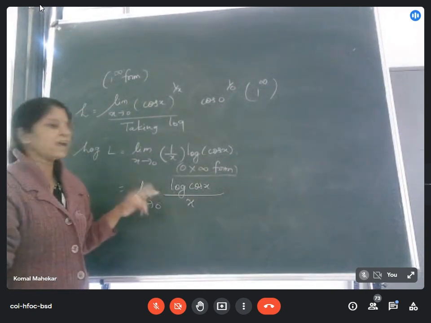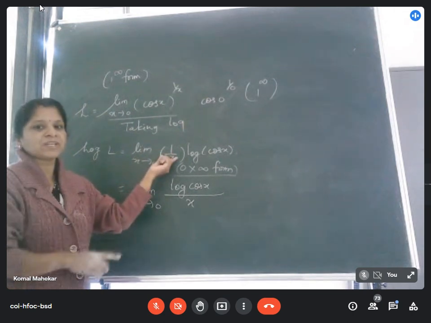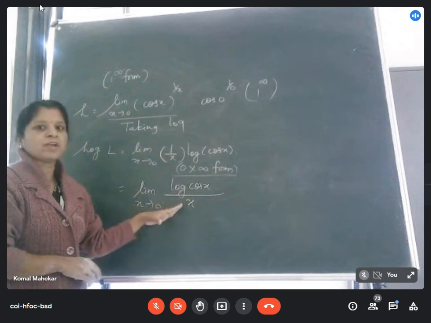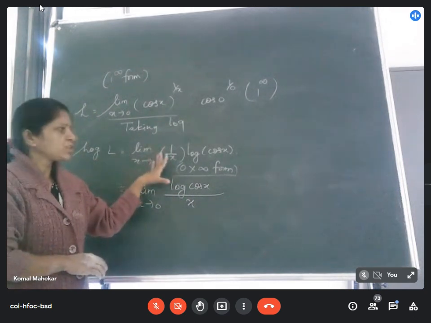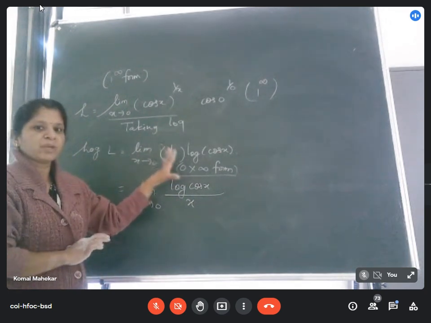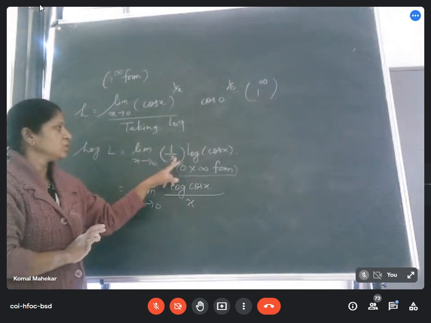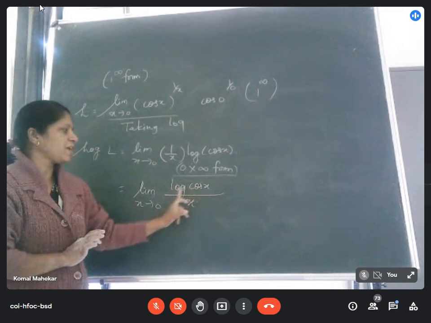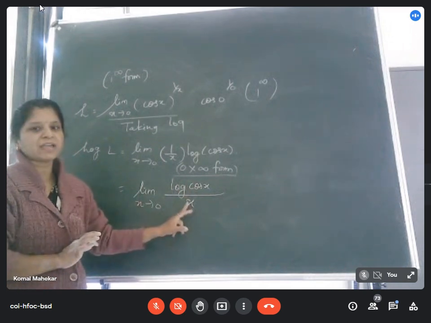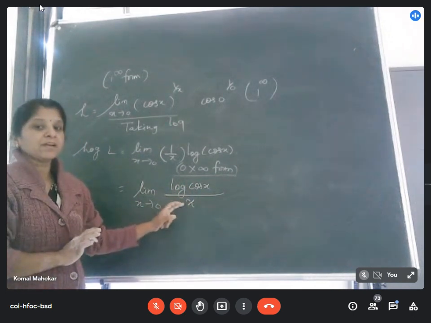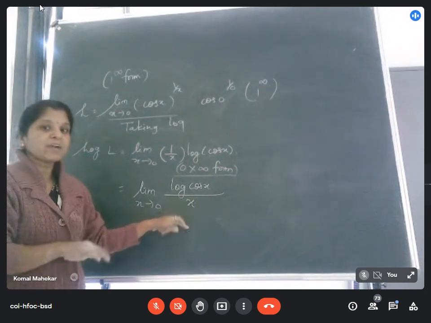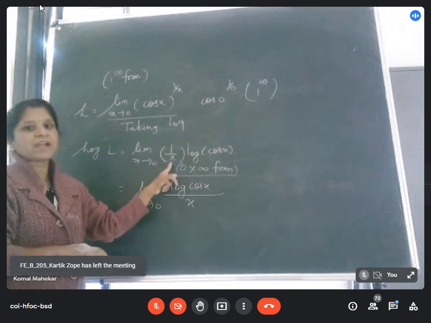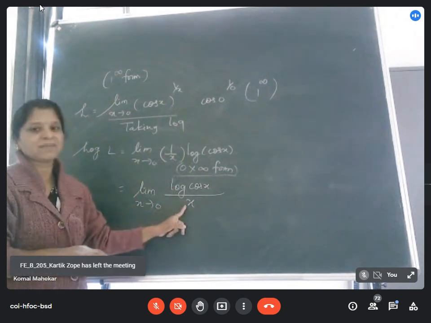You have to write this function in such a way that after writing it in the denominator, your function will remain the same, with no change. If you write it divided by 1 by x, then it will be multiplied by x. But in the problem, this function is multiplied by 1 by x, so we write it divided by x.